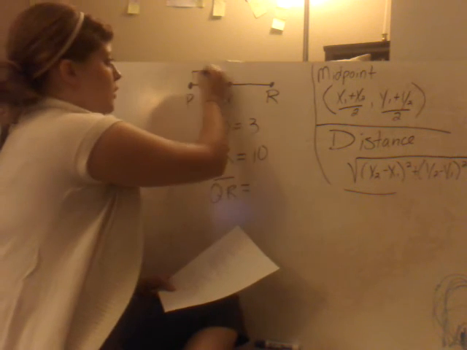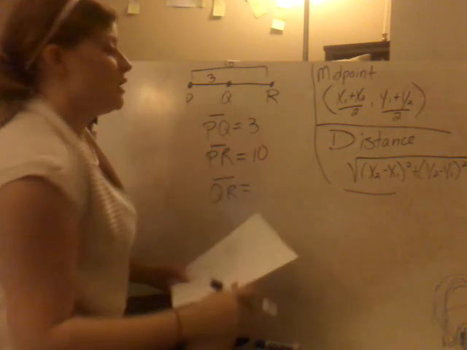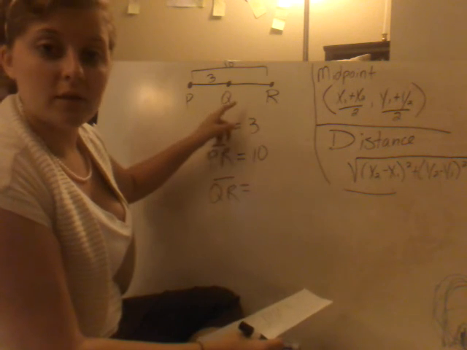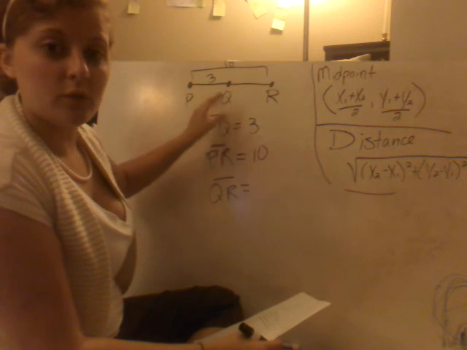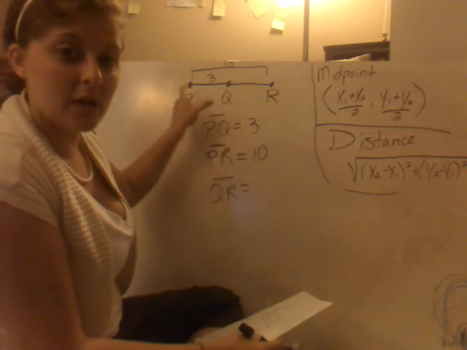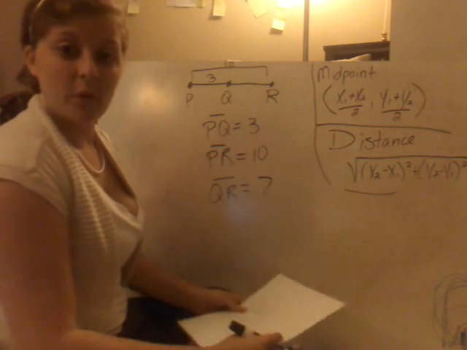So I tell you that the whole thing is 10 and this segment is 3. All I'm going to do is subtract 3 from 10 because I've given you the whole segment and there's no variables, so I just subtract that little segment of the entire segment. So QR is 7. Okay?